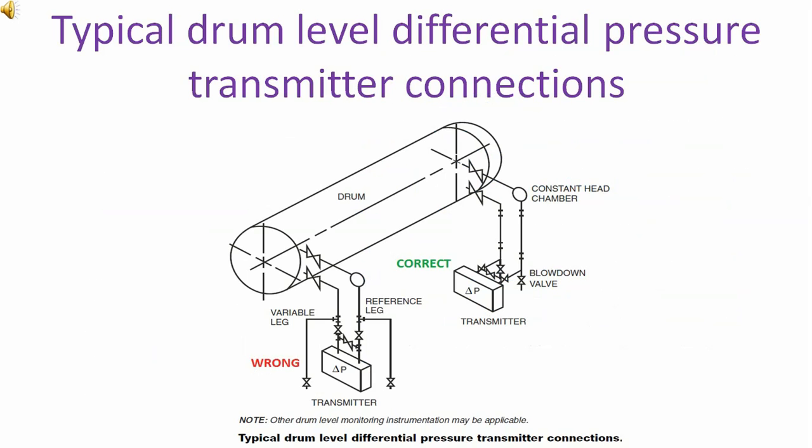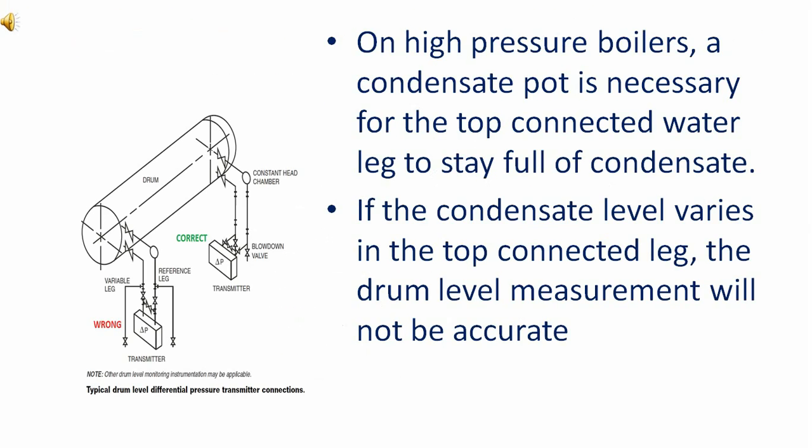Typical drum level differential pressure transmitter connections. On high pressure boilers, a condensate pot is necessary for the top connected water leg to stay full of condensate.